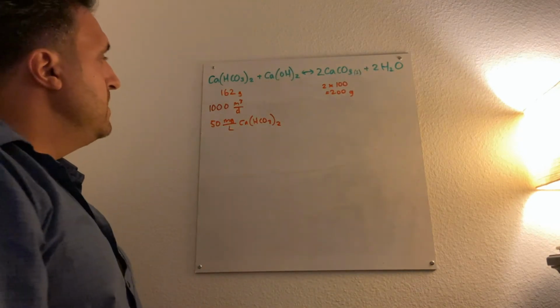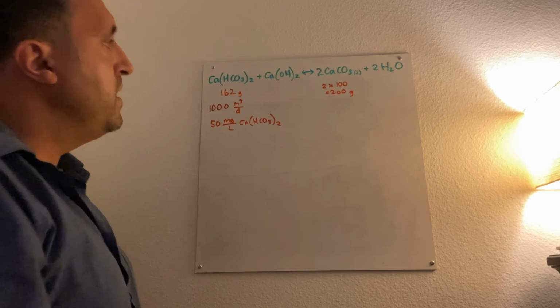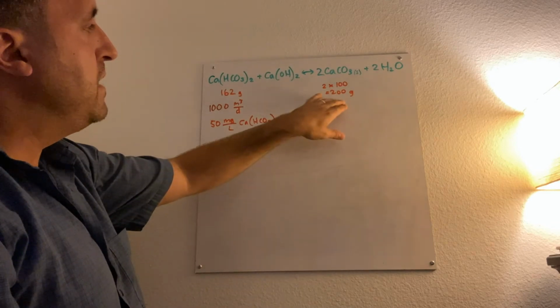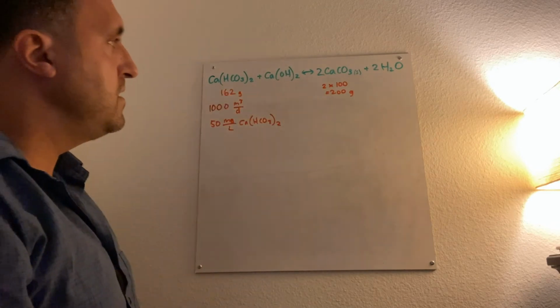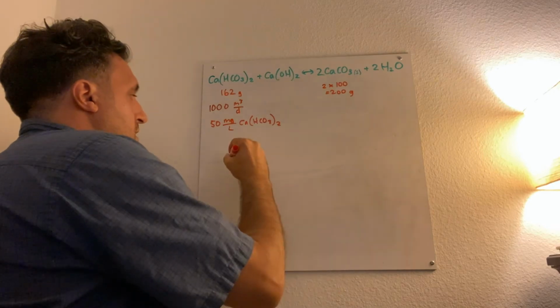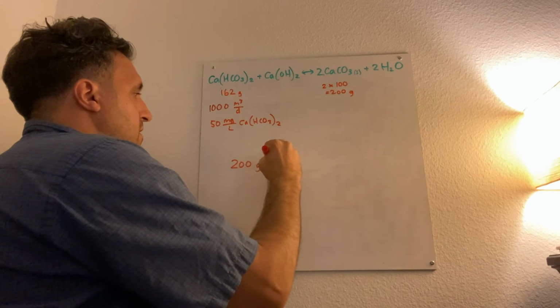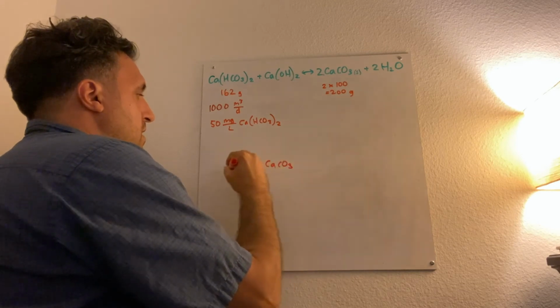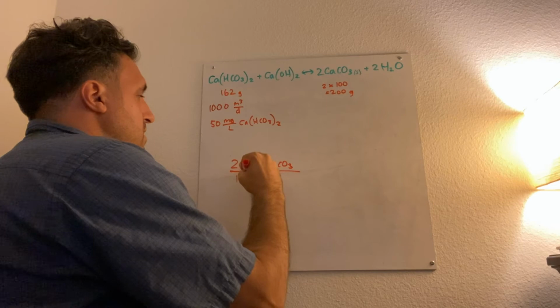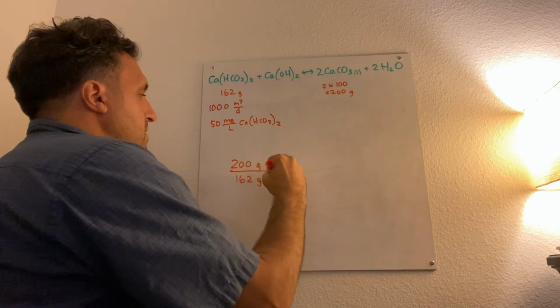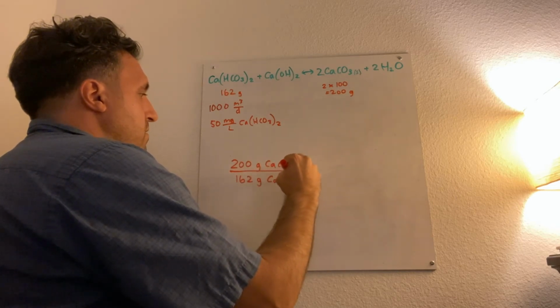All right, and so we can set up a ratio. We know that 200 grams is produced for every 162 grams consumed. So let's put that on the left side, 200 grams of CaCO3 for every 162 grams of Ca(HCO3)2.